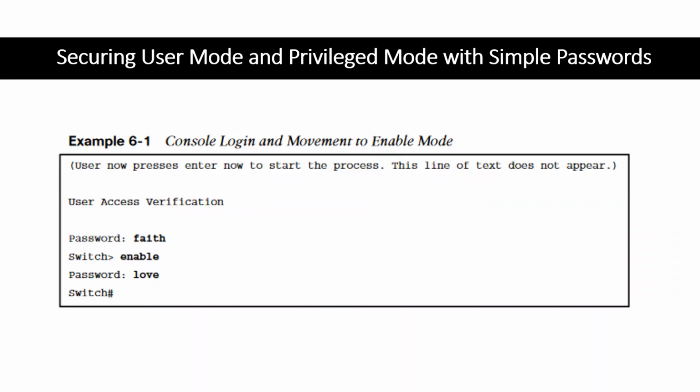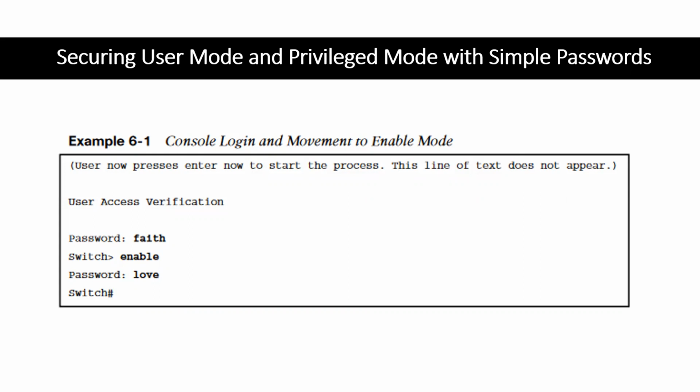But of course, securing the console or the VTY lines, however you access the device via layer one or layer three, is additional security that you're adding on to the CLI whenever you're trying to access a switch. You can also secure access to privilege mode.